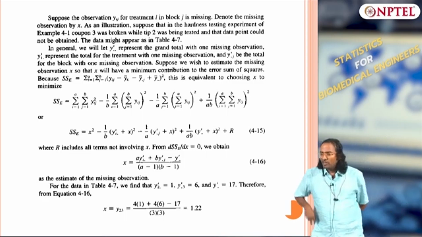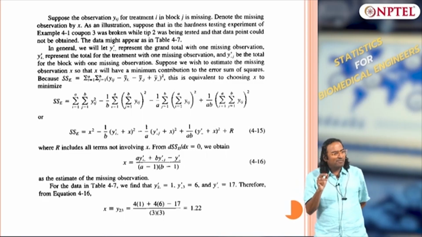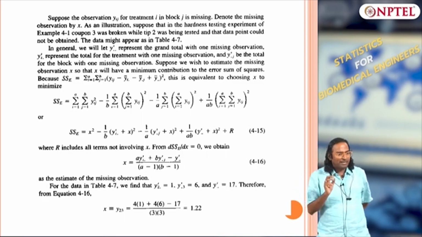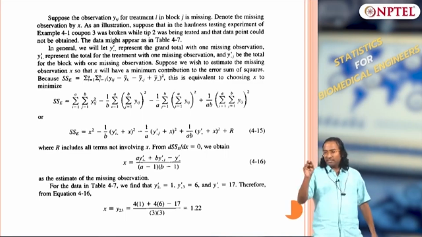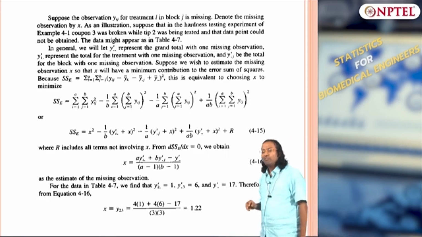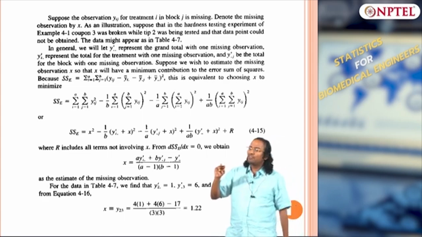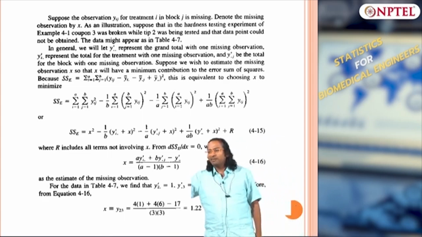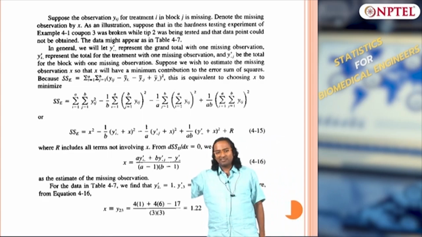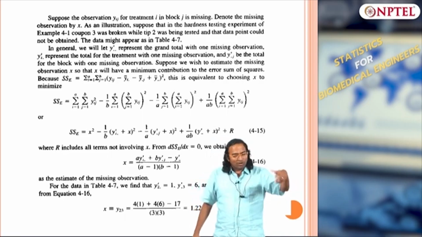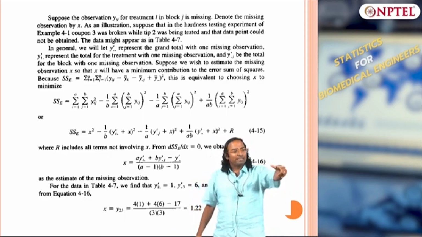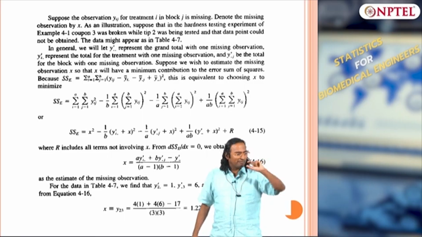Now one of the ways in which people fill missing data in a matrix in this kind of situation is that the data point should have minimal effect on the norm of the matrix, like the norm of a vector. You can use the same thing for filling the data point in a vector also.